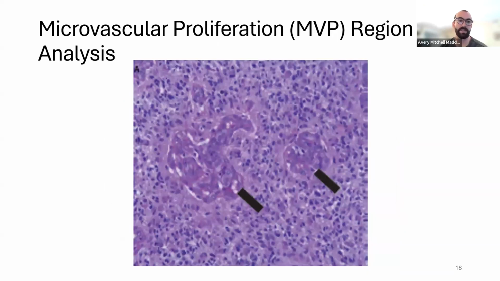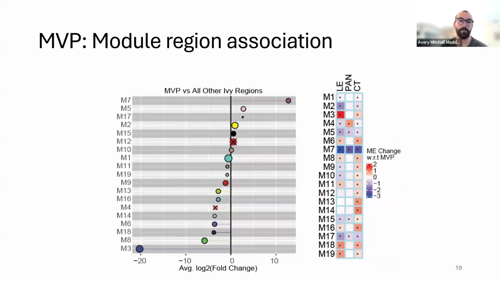So next, looking at the microvascular proliferation region. Again, we perform a similar differential expression analysis with our module eigengenes and identify three modules, M7, M5, and M17, that here are specifically upregulated in the MVP in relation to all the other three regions.